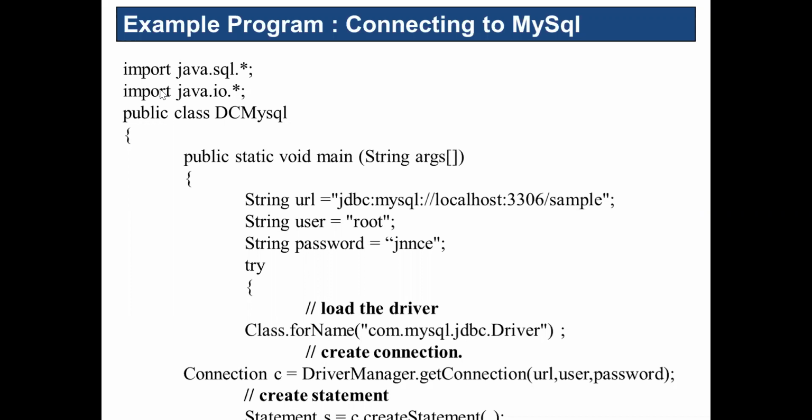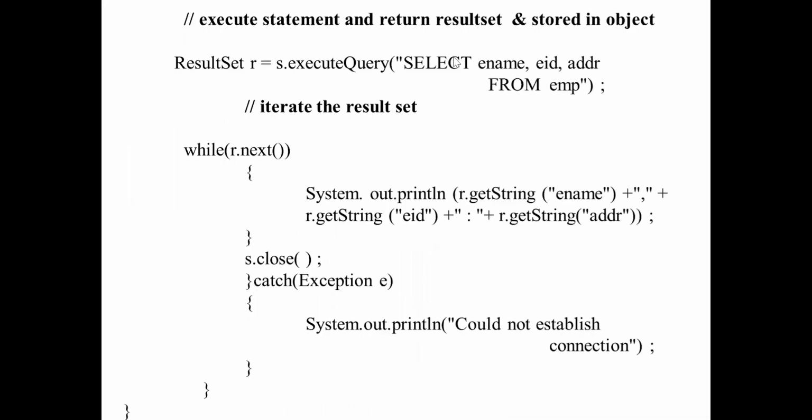So we use the connection to create the statement using createStatement. Once the statement is created, we have to execute it and return the result in the ResultSet and store it in an object.